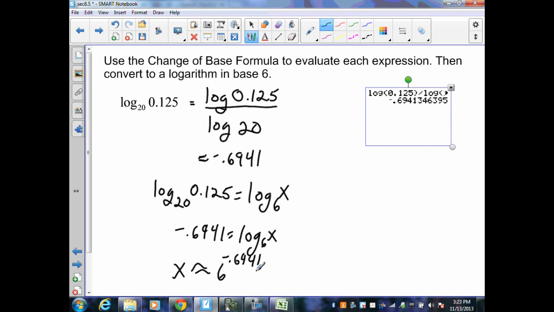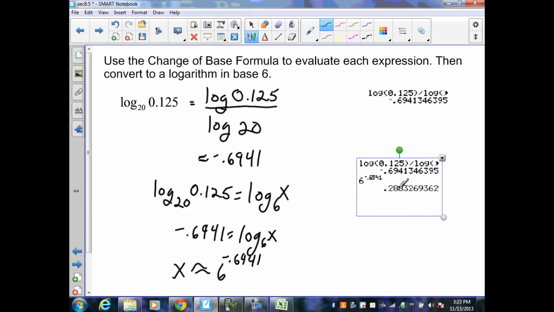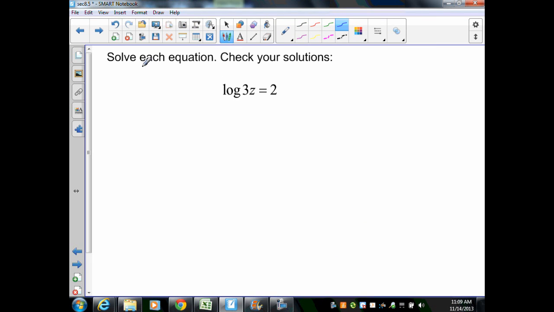Then I can plug that into a calculator and get an approximation for x. 6 to the negative 0.6941. And I get x to approximate to 0.2883.